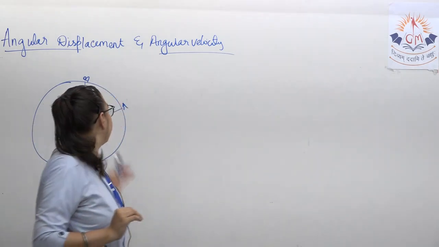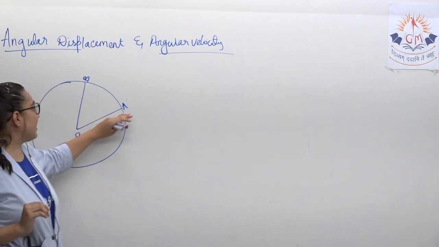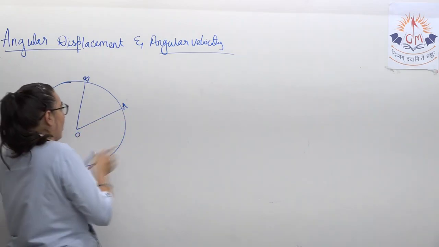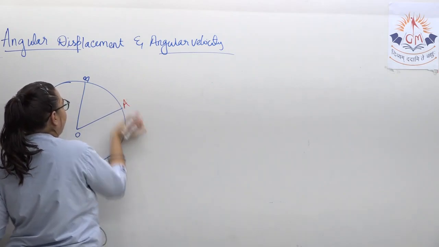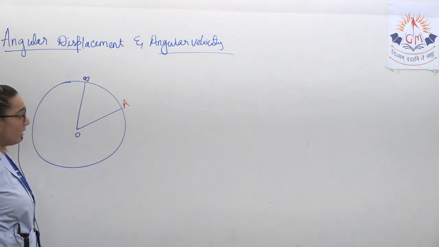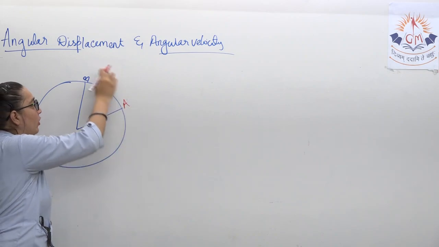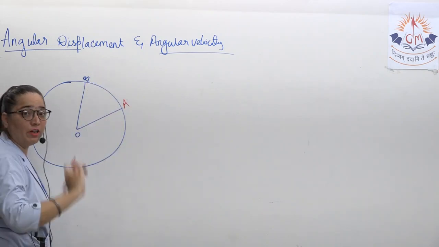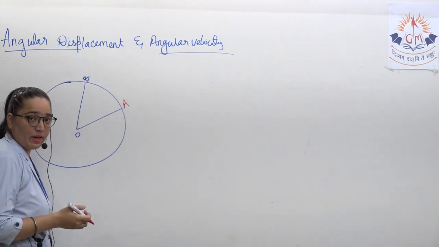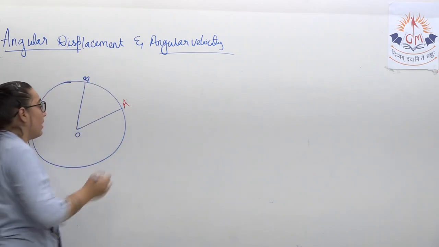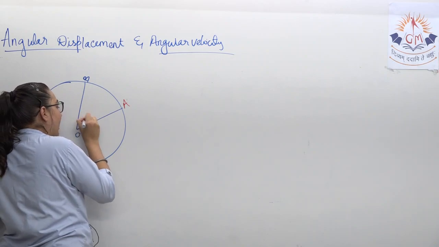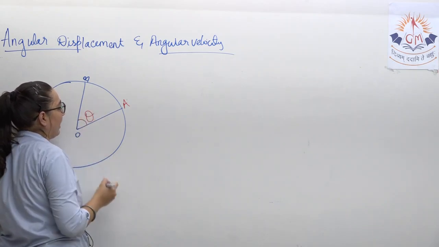So, this particular object, when it started its journey from point A to point B, it covered some angle. Let us assume that the angle covered is theta.